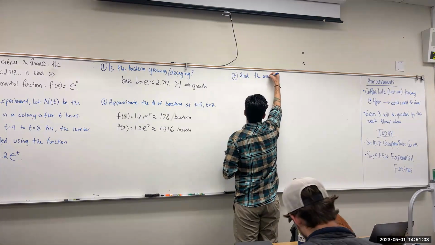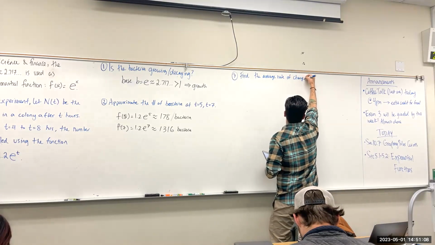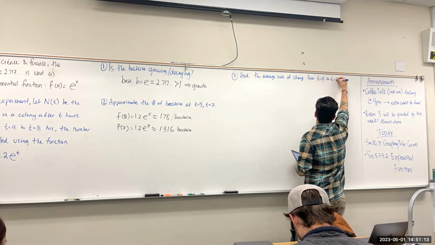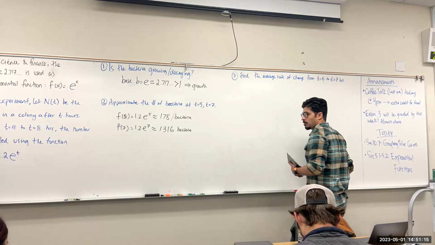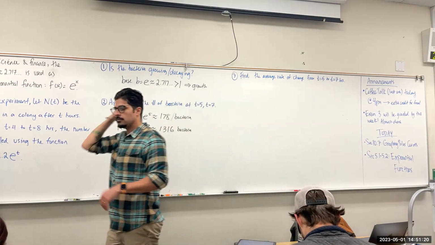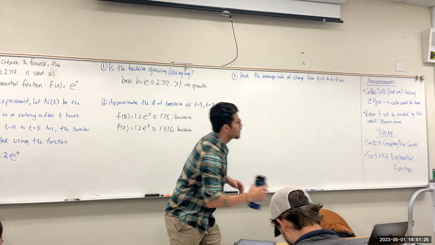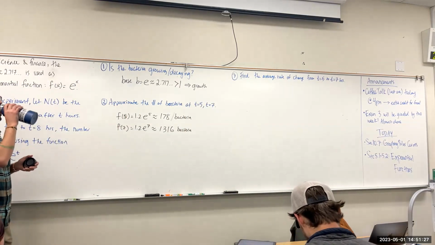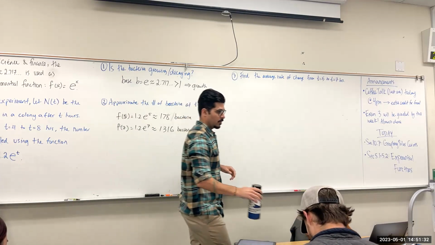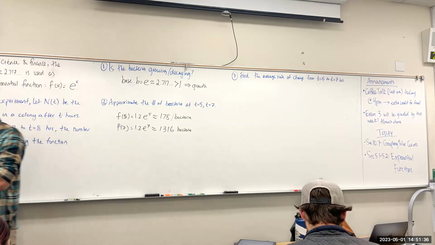Find the average rate of change from T equals 5 to T equals 7 hours, and interpret what that rate is telling you. Make sure your answer has units.